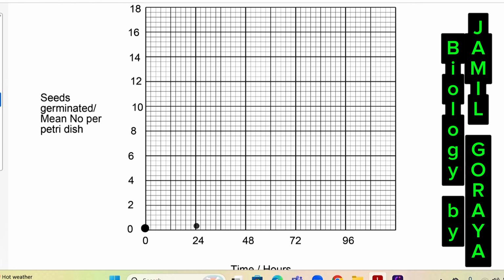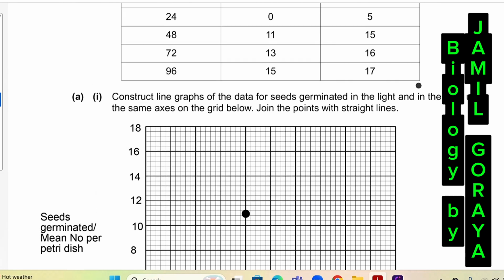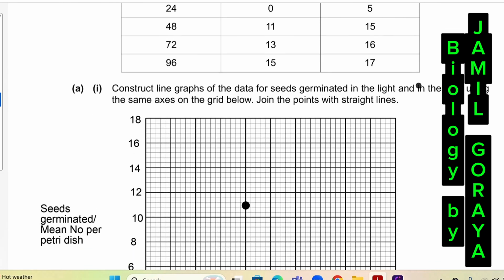Next one is also 0. Then I think it is 11. So it will be like here. Let's check the third value. 0, 0, 11, 13, and 15.